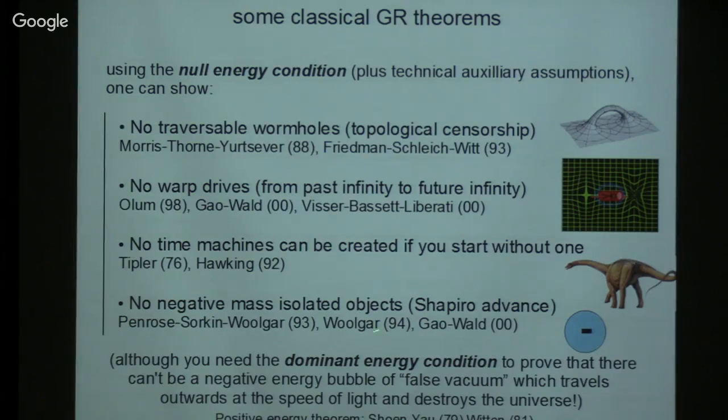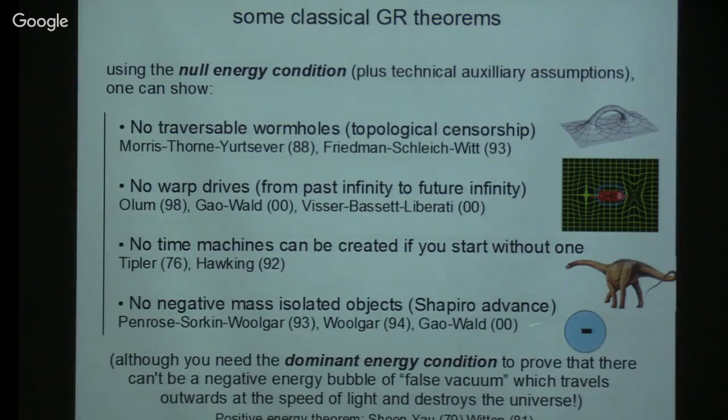Now, I said isolated objects here because there's a bit of a loophole in this result, which is the result actually assumes that space-time looks, for example, asymptotically like Minkowski space, not only as you go out to infinity in a space-like direction, but also as you go out to infinity traveling at the speed of light in a null direction.